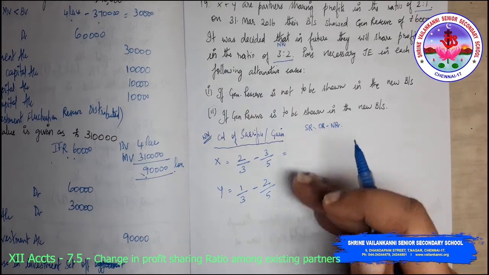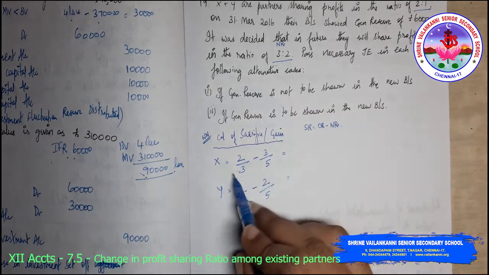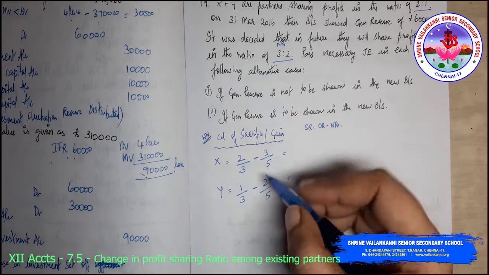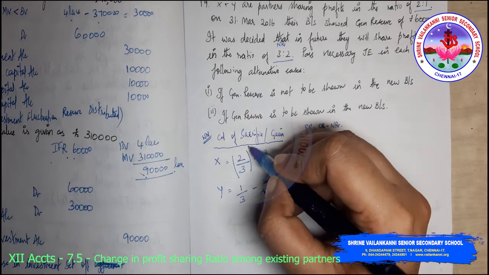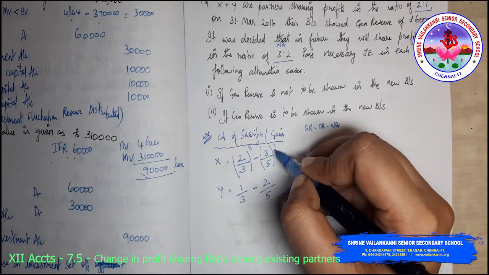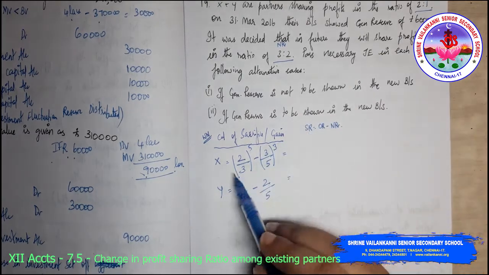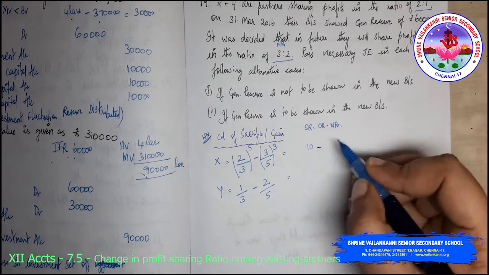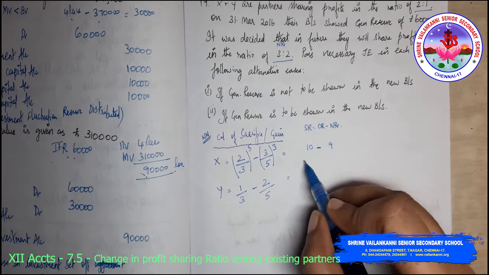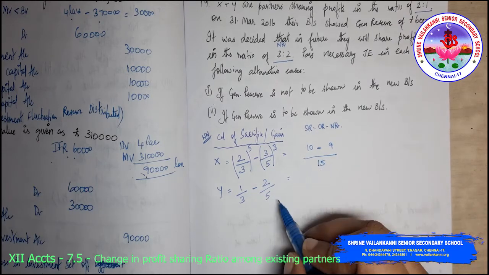Now this ratio needs to be compared. So what you are supposed to do is simply multiply this with 5 and this with 3. So 2 fives are 10 minus 3 threes are 9, divided by 15.